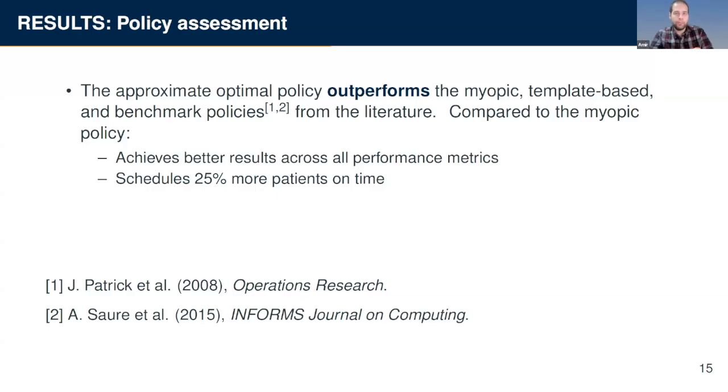I'm not going to care about tomorrow. So comparing against the myopic policy, our approximate optimal policy achieves better results across all the different performance metrics, including wait time threshold, deferrals, emergency department utilization, and patient transfer. And it's also able to schedule 25% more patients on time, which is quite significant, right?